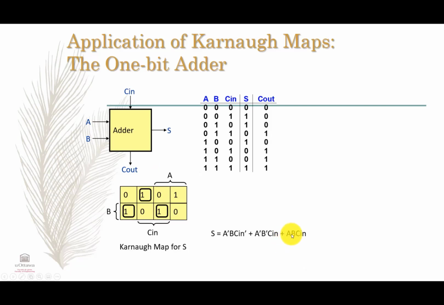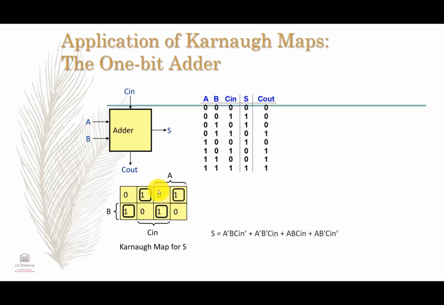Therefore, it's going to be A B Cn. And for this last one, B is in the complement format, A is in the true format, and Cn is in the complement format because that's 1, 0. So A, B prime, Cn prime.